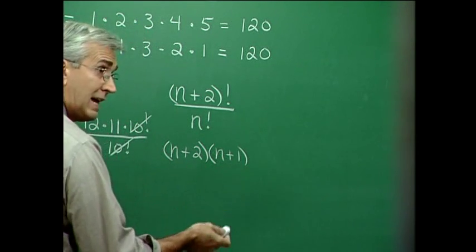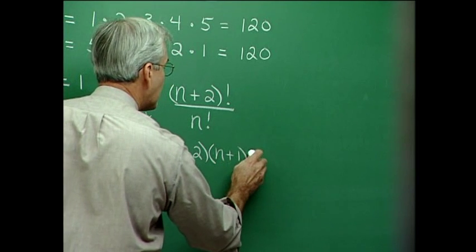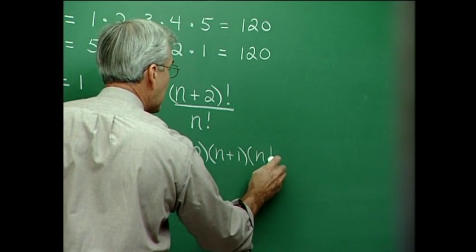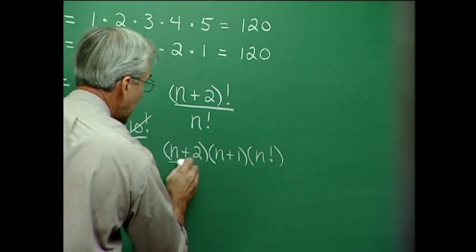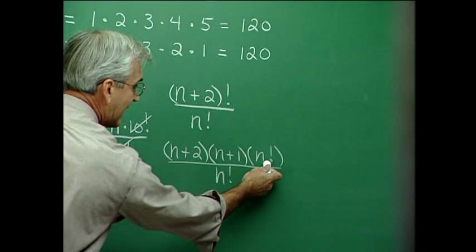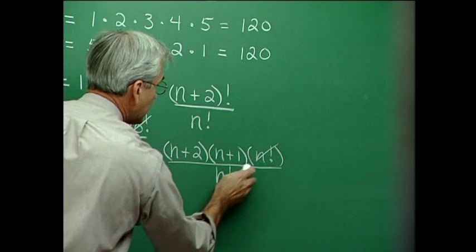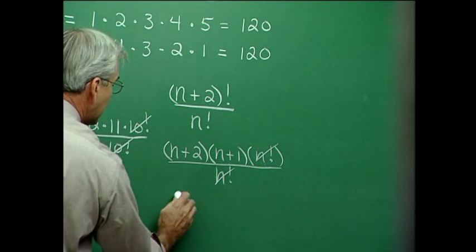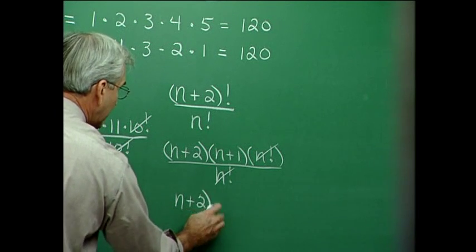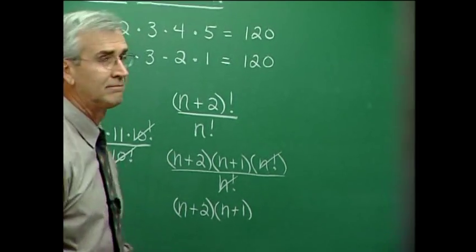And then one less than that means n plus 1 minus 1, and that's simply n. So this is n, I'll list it as n factorial because in the denominator I have this n factorial, and I know that all of these factors involved with this cancel with all of these factors. They're gone, and so my expression becomes simply n plus 2 times n plus 1. And that's all there is to it.